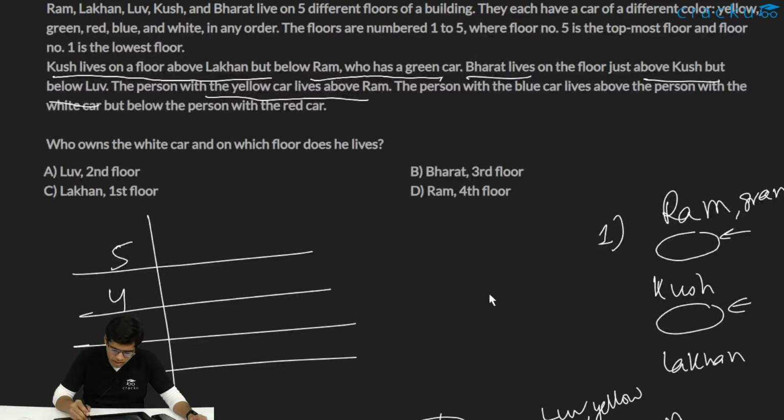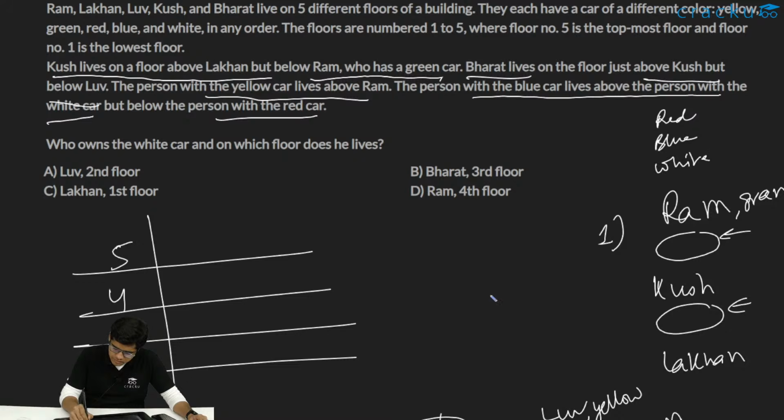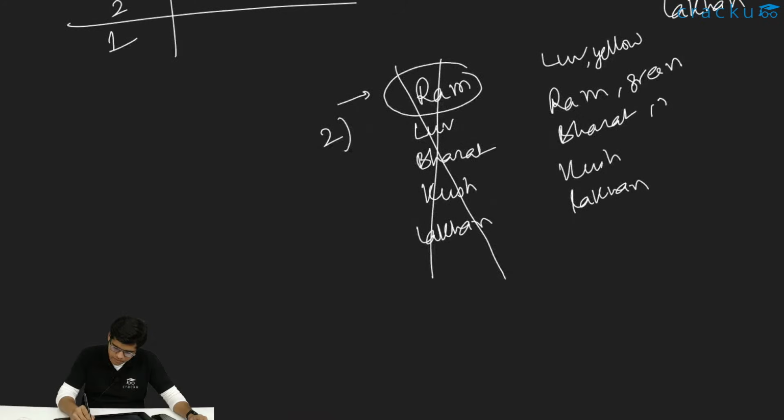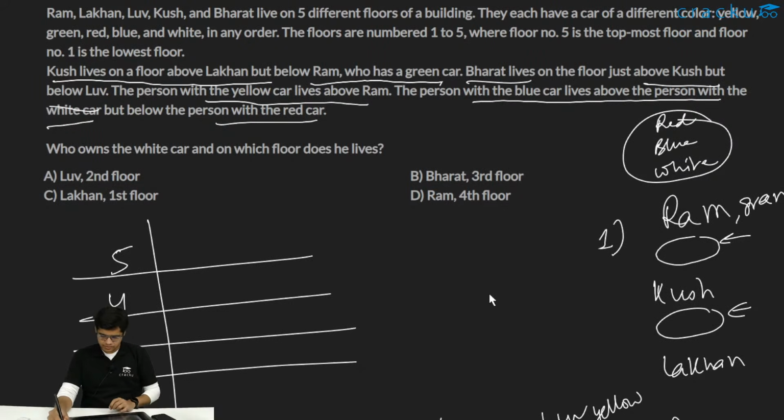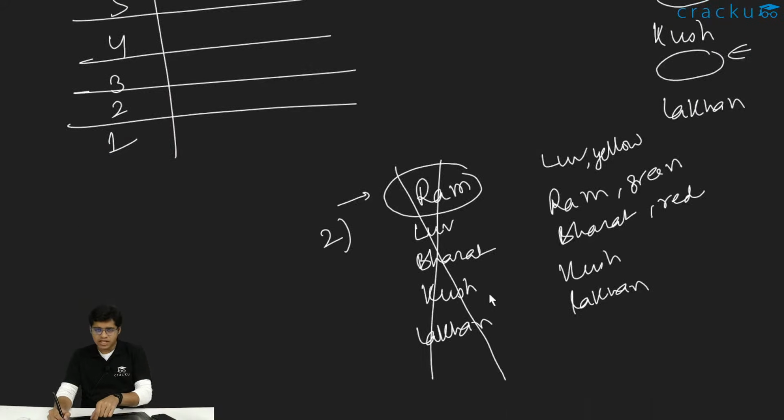And it is told the person with the blue car lives above the person with the white car but below the person with the red car. Means the arrangement is like red, blue and white. Blue car above white car and below red car, which means this is red. This sequence, red, blue and white, can only be placed in this manner.